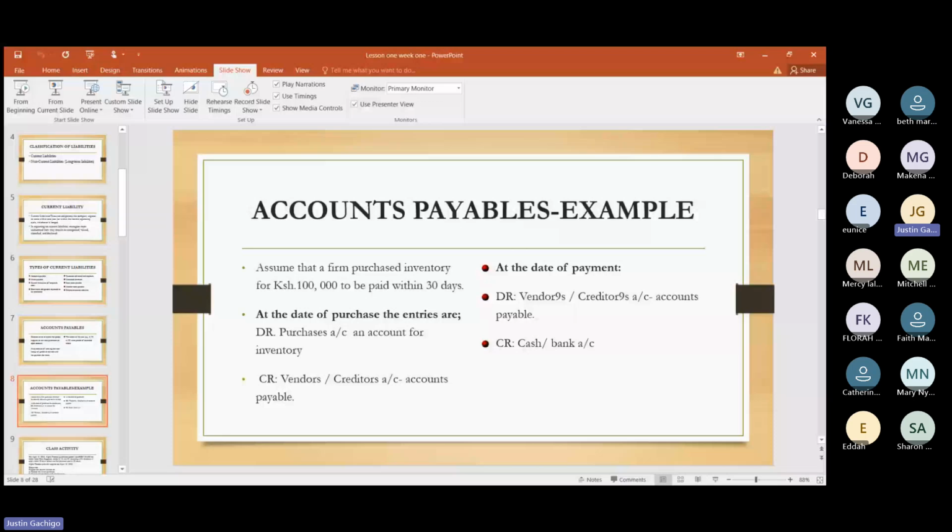So that is how we pass those particular entries. In this case, we debit purchases with 100,000 and credit vendor with 100,000. And when we make the payment, we debit the vendor with 100,000 and credit cash or bank with 100,000.